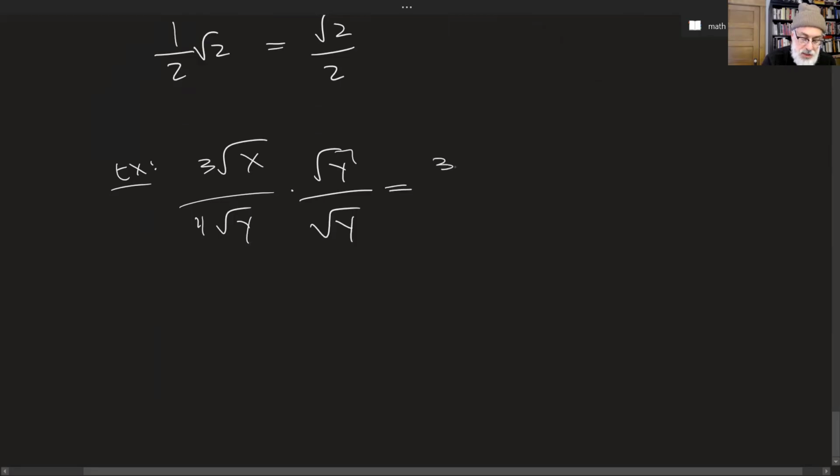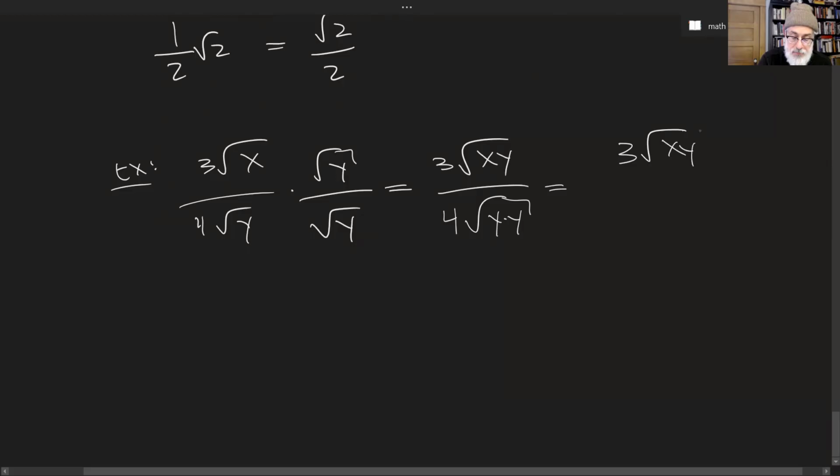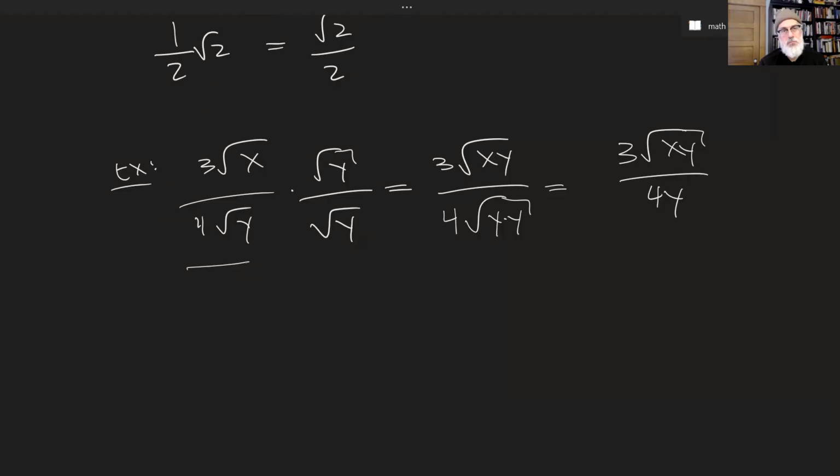This becomes 3 times the square root of x times y, the product. The bottom is 4, and now I have the square root of y times the square root of y. Remember the rule, this becomes y. So this is 3 times the square root of xy divided by 4y. It doesn't look simpler, but it is rationalized.